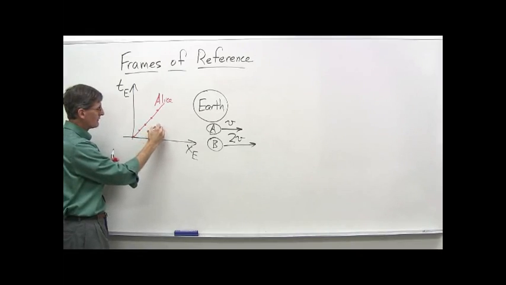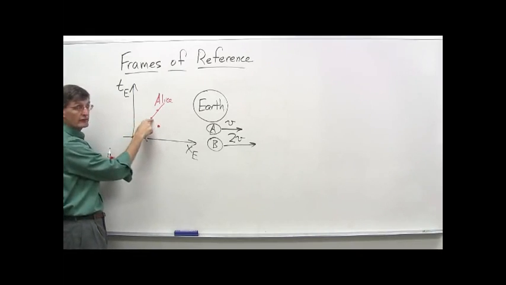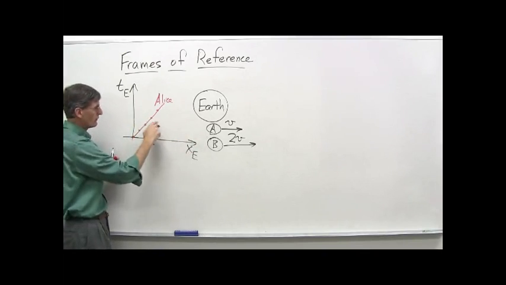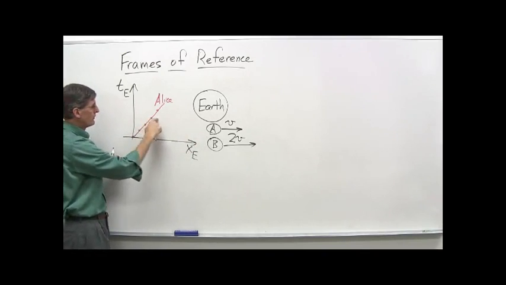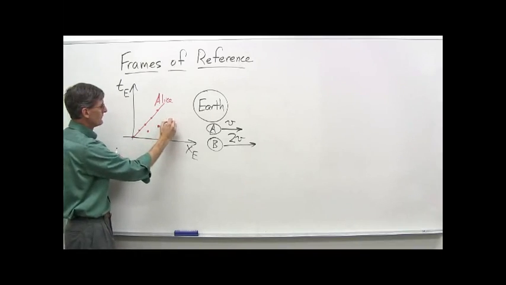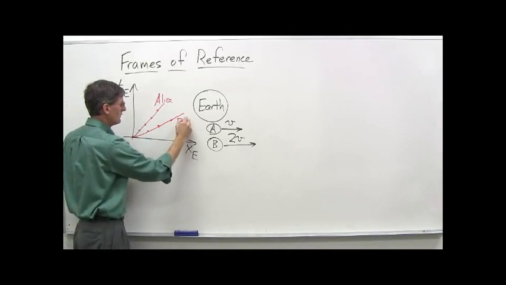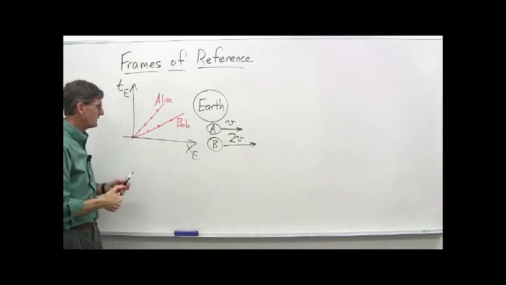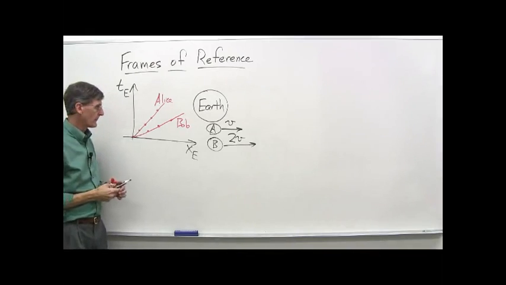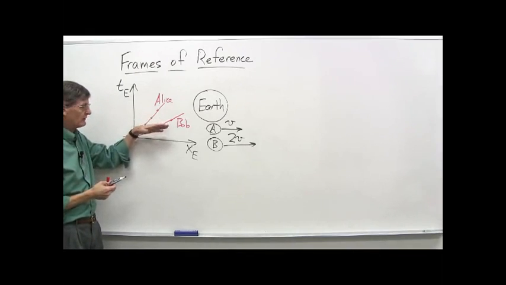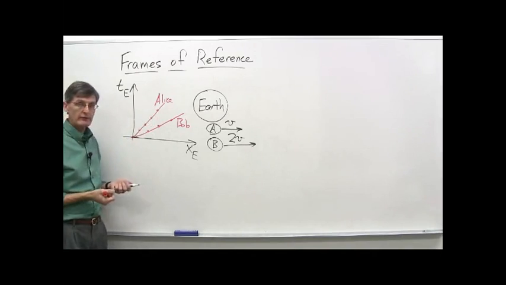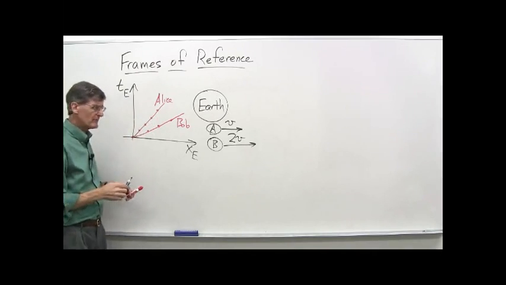So he's about right there. And at this time, when Alice has gone this far, again, he's gone twice as far. He's going twice the velocity, so it'd be about right there, and so on. So this would represent Bob, his plot in the space-time diagram. And lower slope means faster velocity. So that'd be the Earth perspective.